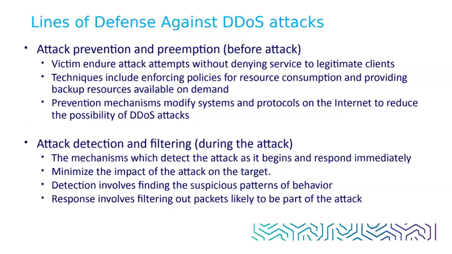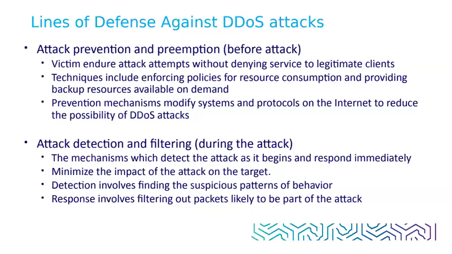So in addition to the previous two, we have two more. The first two layers of defense against distributed denial of service attacks focus on preparation before the attack and rapid response during the attack. Now, attack prevention and preemption strengthen the system through resource management, backup resources, secure configuration, and protocol improvements so that they can continue serving legitimate users even under attack.